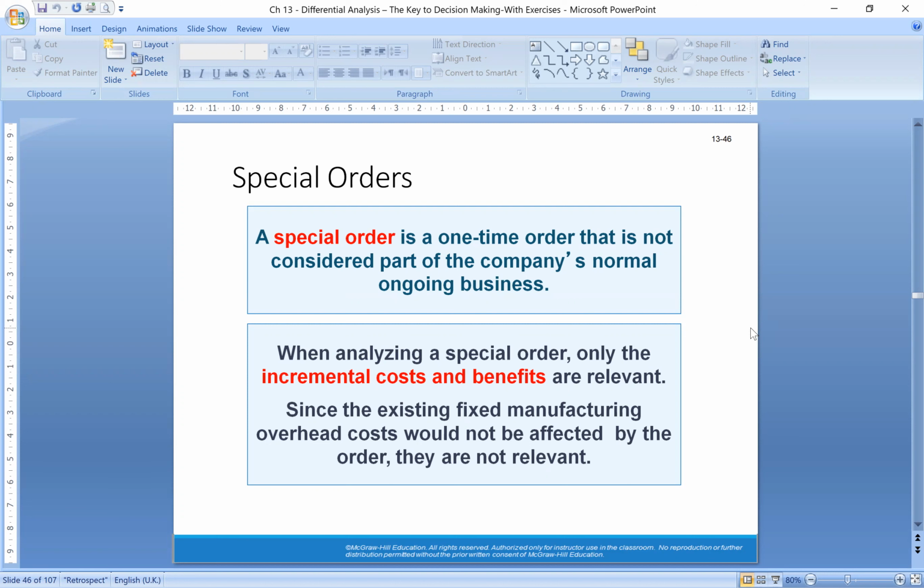Since the existing fixed manufacturing overhead costs would not be affected by the order, they are not relevant. The fixed costs have happened already with or without the special order, so we will exclude the effect of the fixed cost because it is irrelevant.